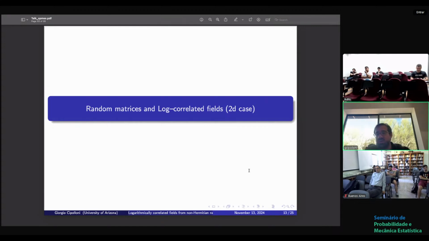So let me now go to the 2 and maybe 3-dimensional case, and show you that actually the situation is much more complicated and much less is known.